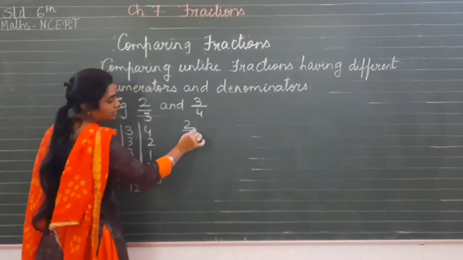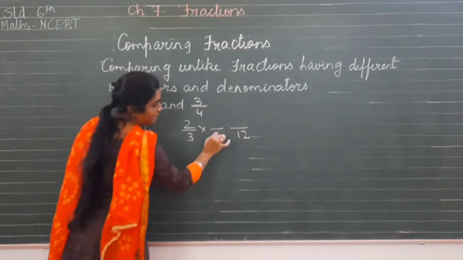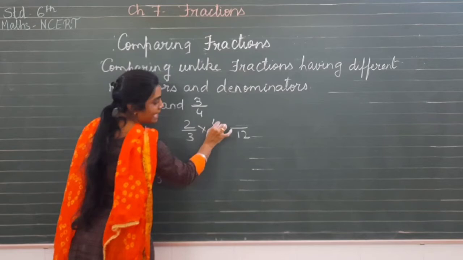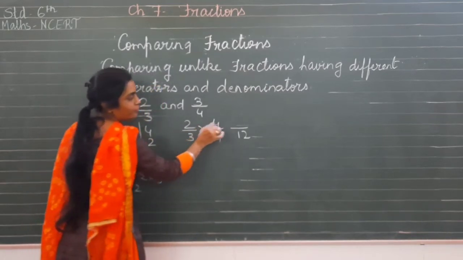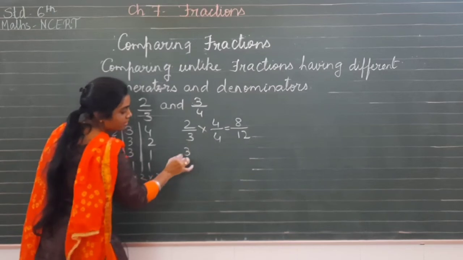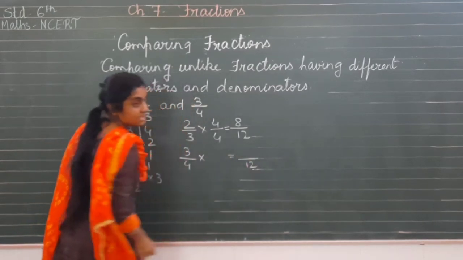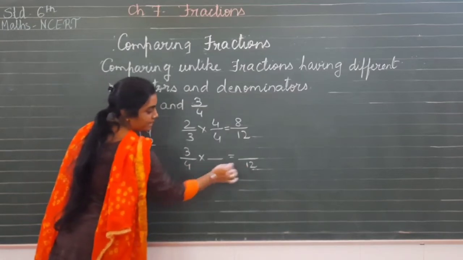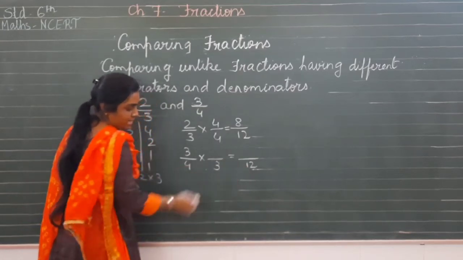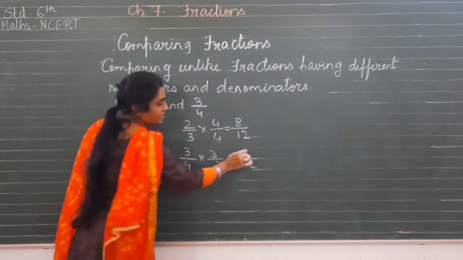Now we will make these fractions in the equivalent form. 2 upon 3. Here we will write 12. We will multiply by 4 in the denominator as well as in the numerator. So 2 fours are 8 upon 12. Now let us look at 3 upon 4. Denominator is 12. We will multiply by 3 to make it 12, and the same number 3 in the numerator also. 3 threes are 9.